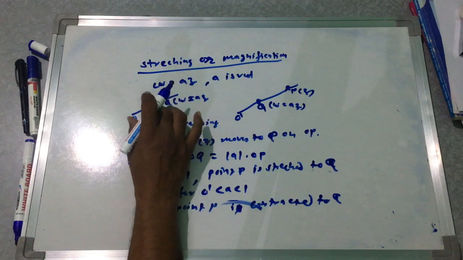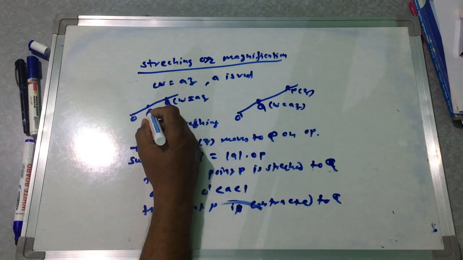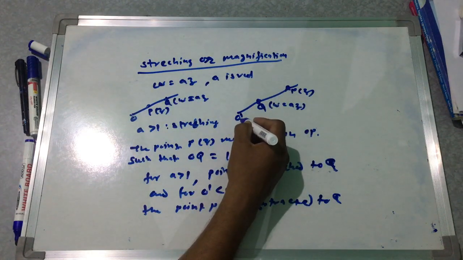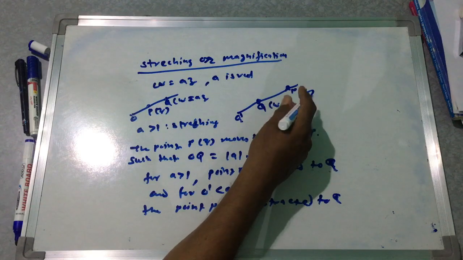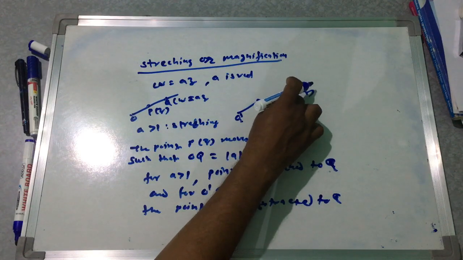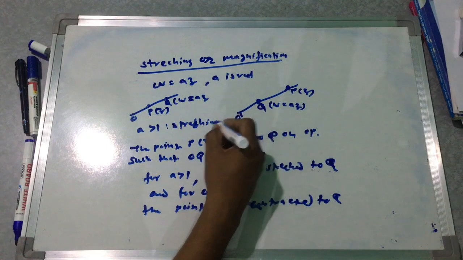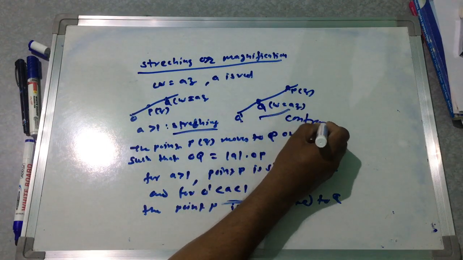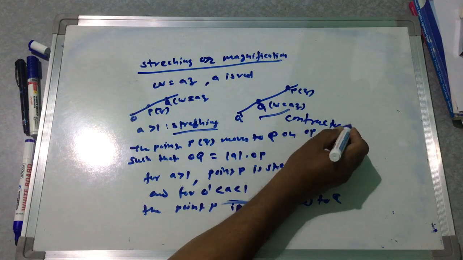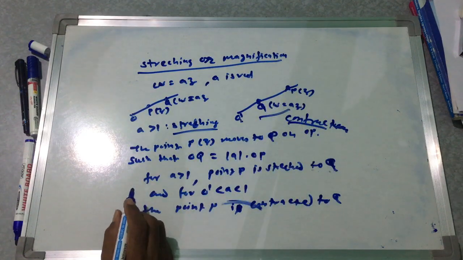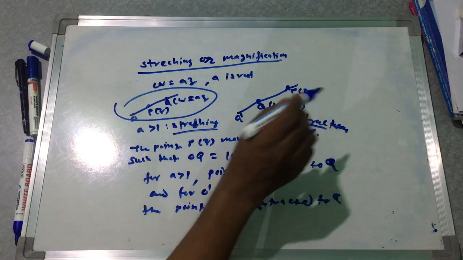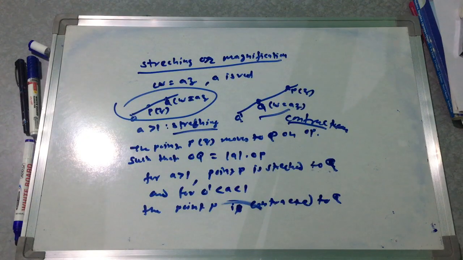P of Z is 0 point, then here is P and here is Q. Here in the second figure, here Q dash. So this is P and this is Q. This is stretching and this is contraction. Understand?